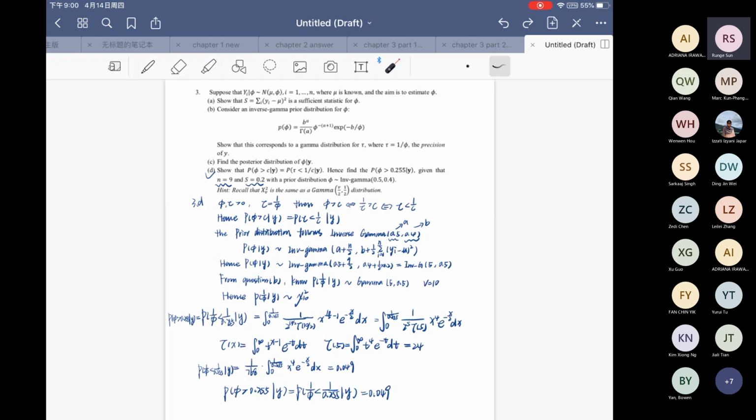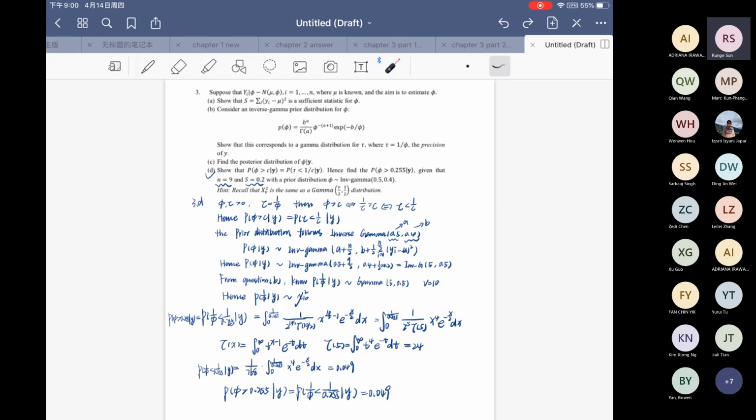has a gamma distribution, gamma 0.5, right? So 1 over phi is actually chi-square with 10 degrees of freedom. So you can find the distribution.